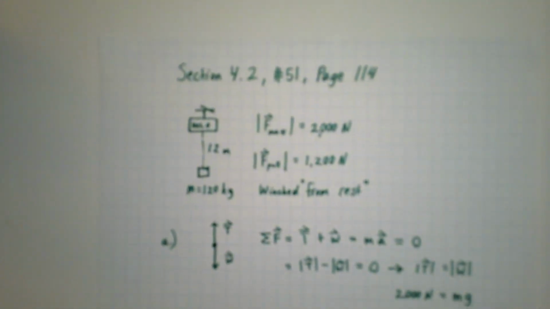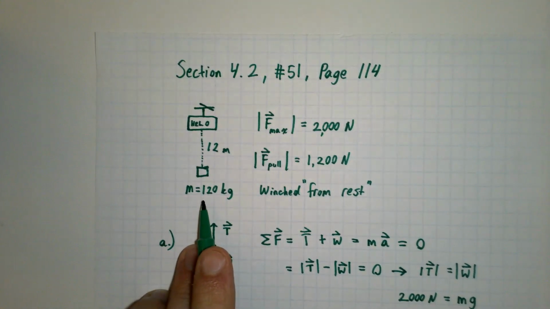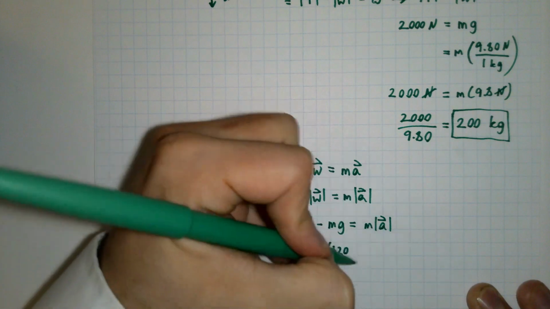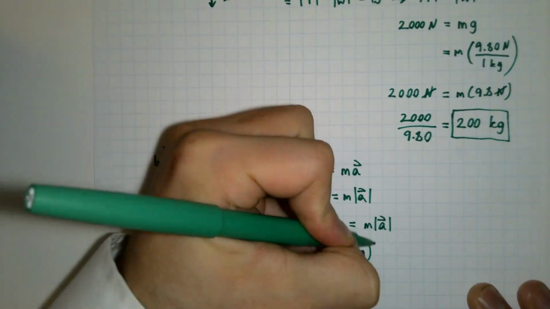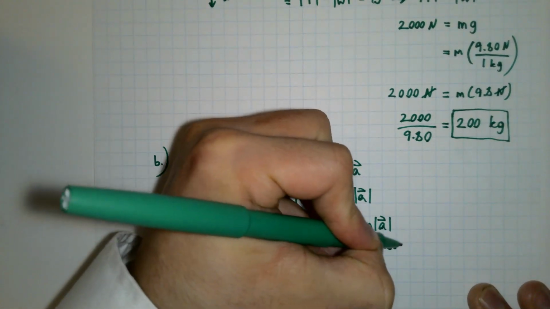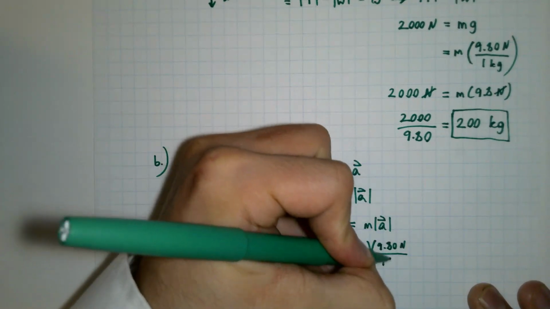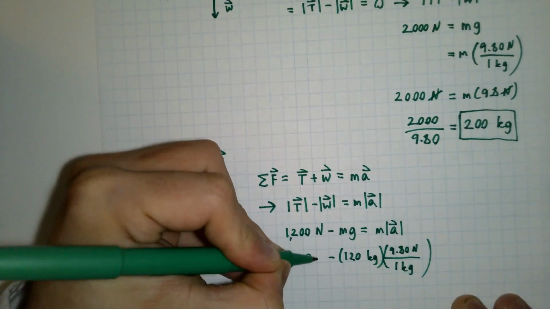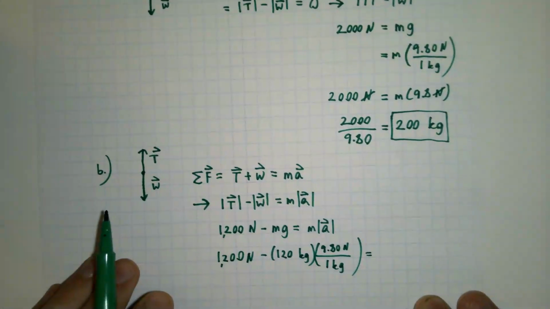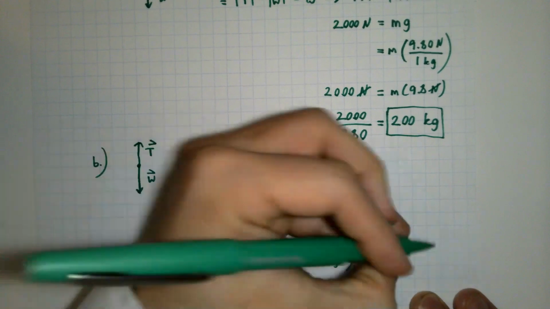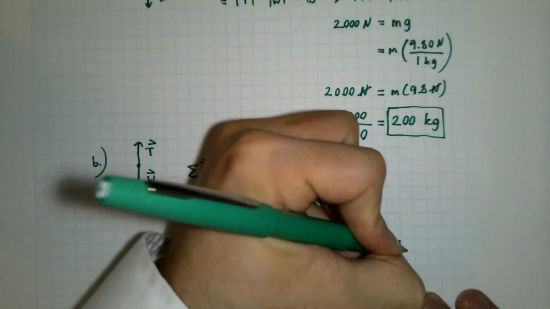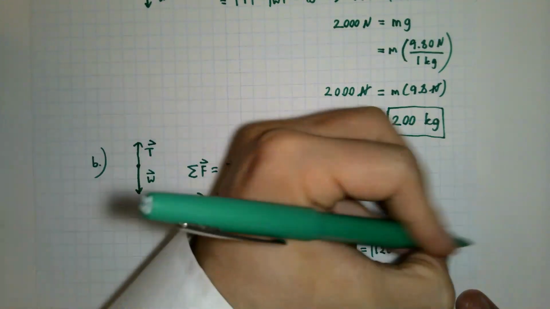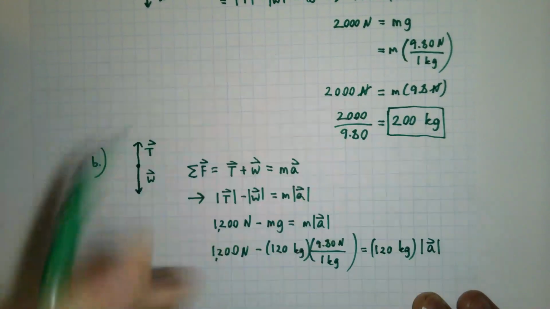We go back to our problem: 120 kilograms is the mass of our rescuer and the victim. 120 kilograms times a gravitational field of 9.80 newtons for every 1 kilogram. This equals our mass times our acceleration, where this mass represents the mass of the object undergoing these forces. And now we can solve for our acceleration.